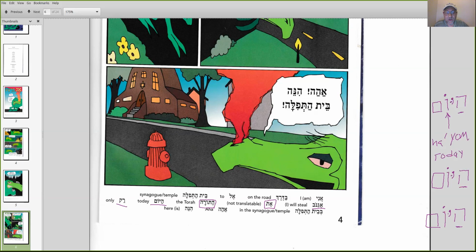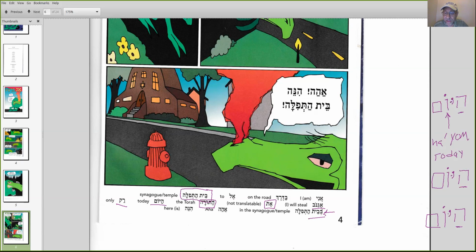Now, this next one, we know, rach, means only, rock. Resh and kof, rock. Then we have, again, beveit ha tefillah. And so it's a little different than this one because we're adding the preposition bet, which means in, with, or on.